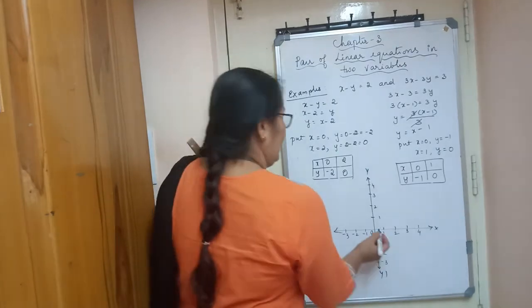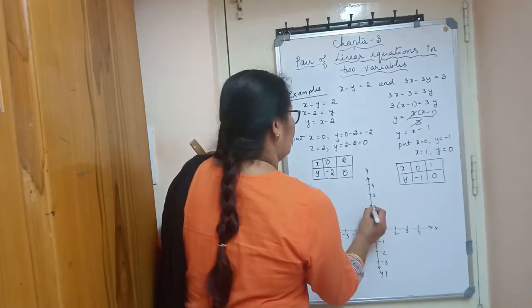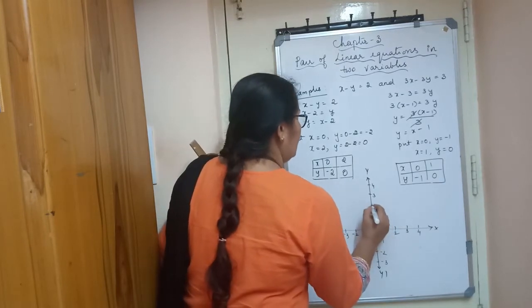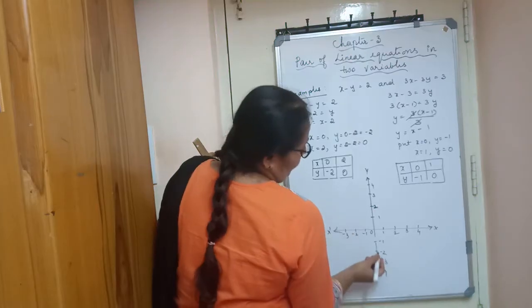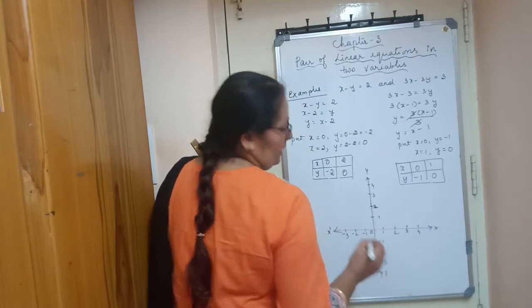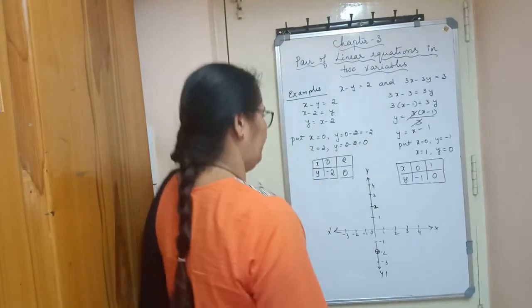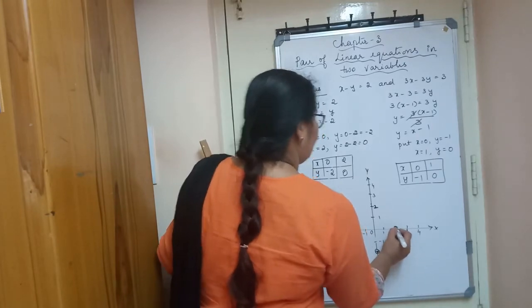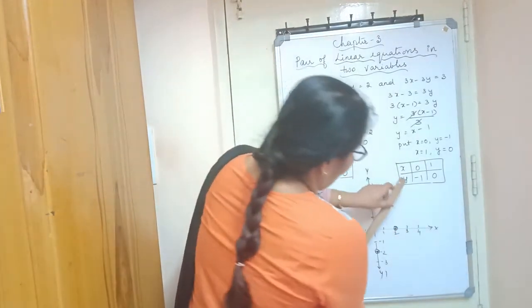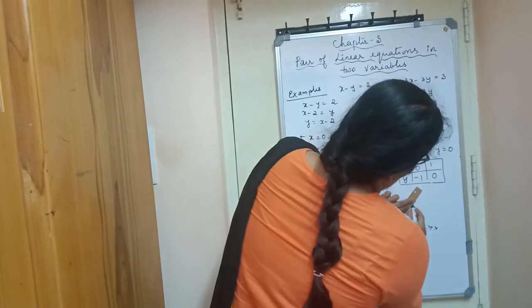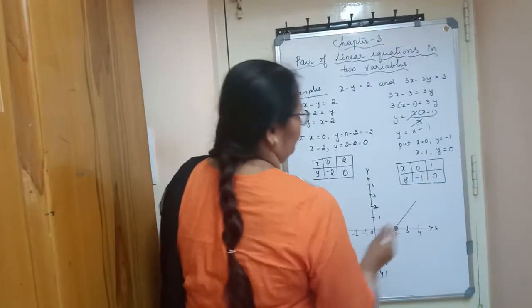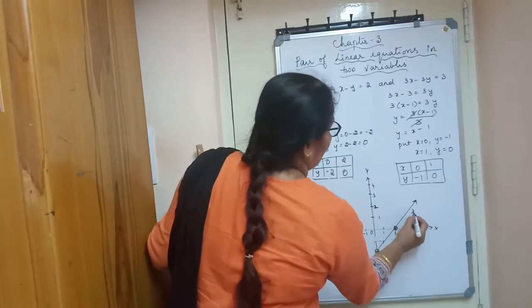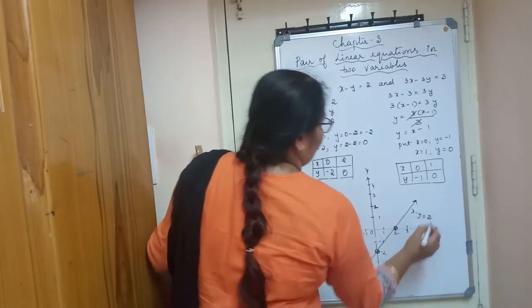When x is 0, y is minus 2 here, and when x is 2, y is 0. Now join these two points. So this is for the equation x minus y equals 2.